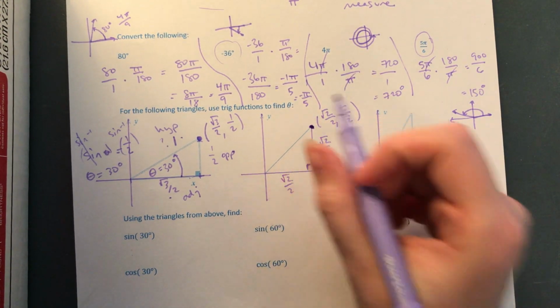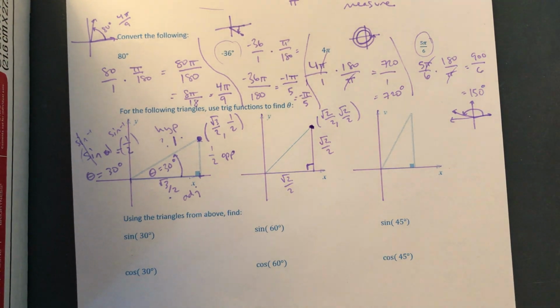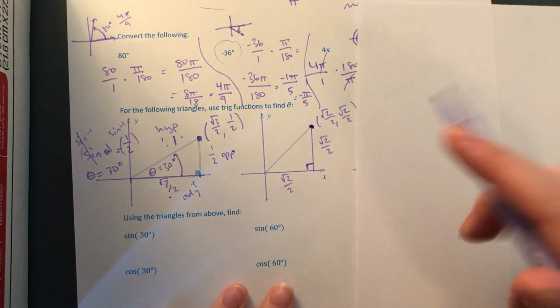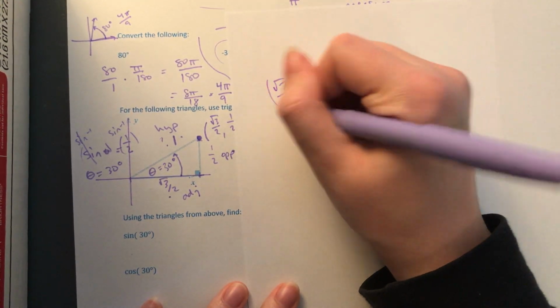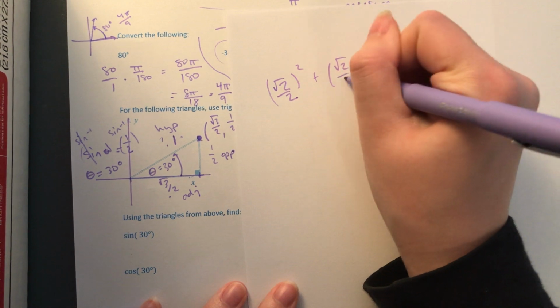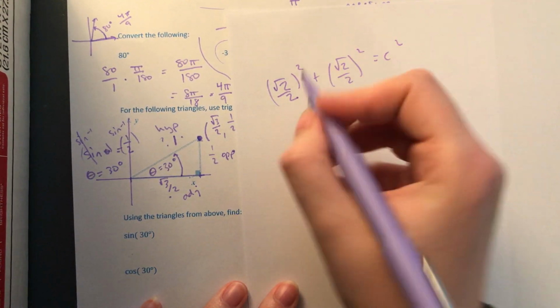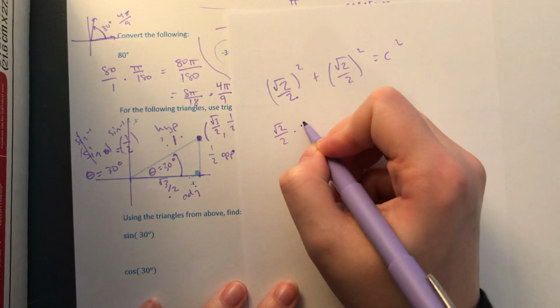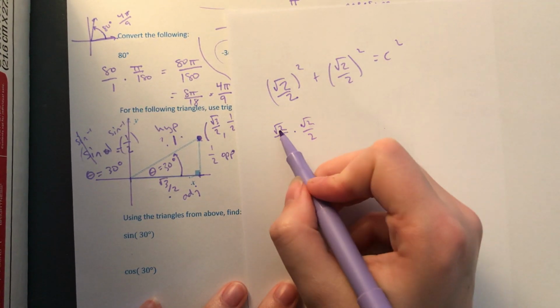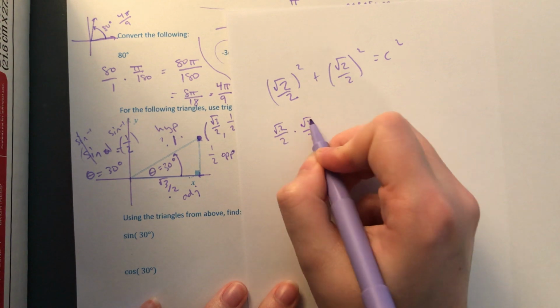And again, what's the hypotenuse? Well, if you do Pythagorean theorem real quick, these are the 2 legs. So root 2 over 2 squared plus root 2 over 2 squared equals c squared. Again, this is root 2 over 2 times root 2 over 2. Root 2 times root 2 is 2.